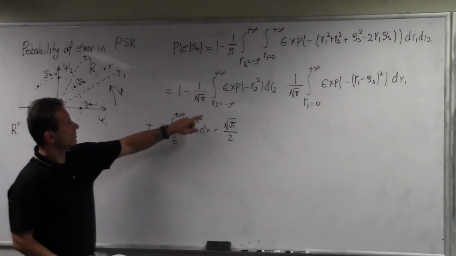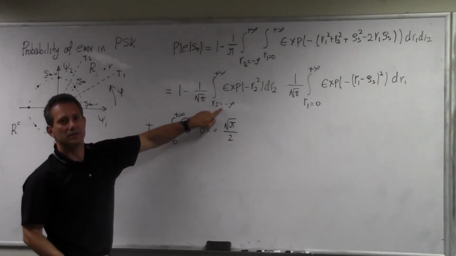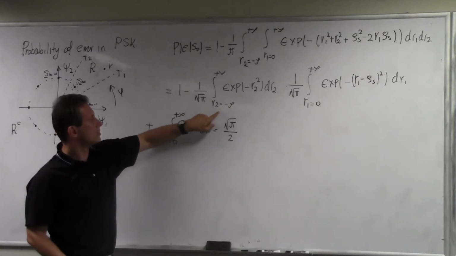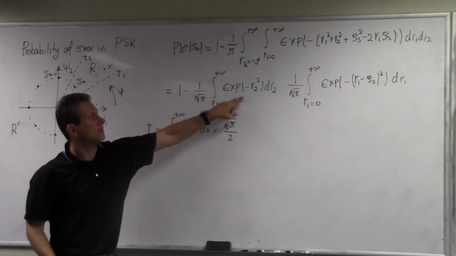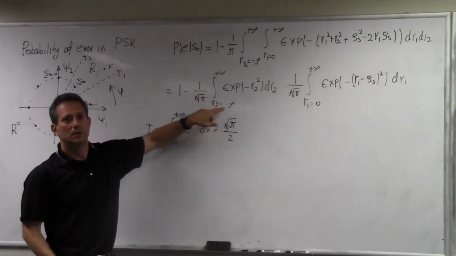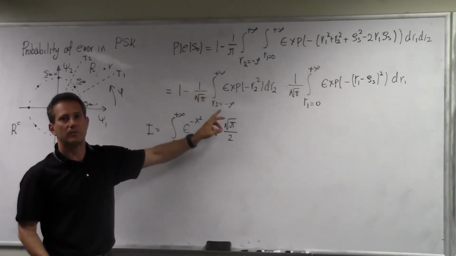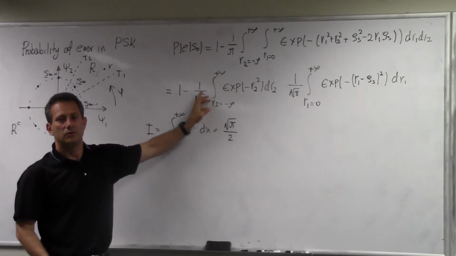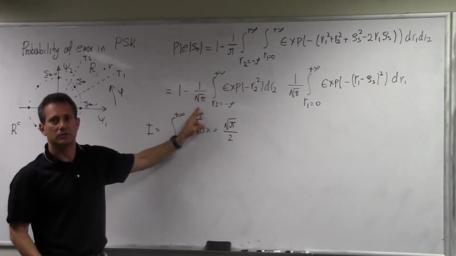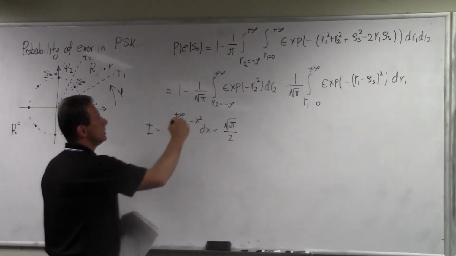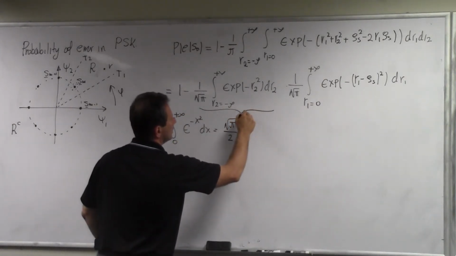Alright, so if you look here, you have two of these. Because this is even, it's 2 times from 0 to plus infinity, so it's 2 times square root of pi over 2. The 2 and 2 cancel, square root of pi and square root of pi cancel. So what is this whole thing equal to?